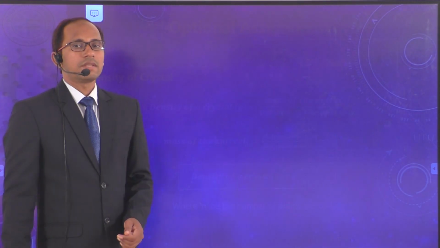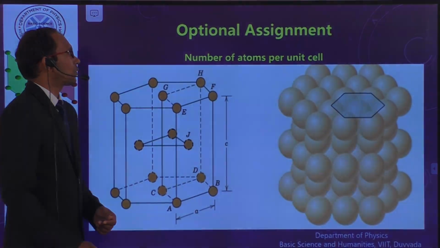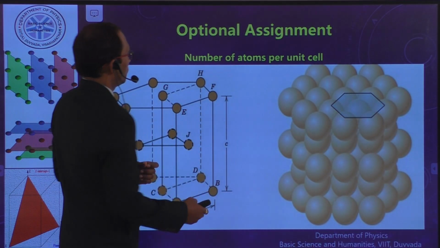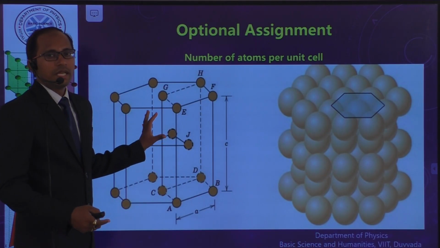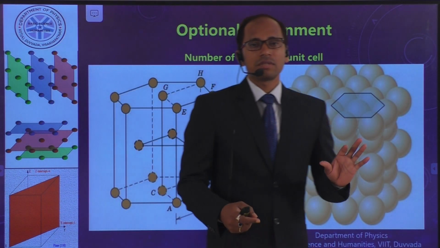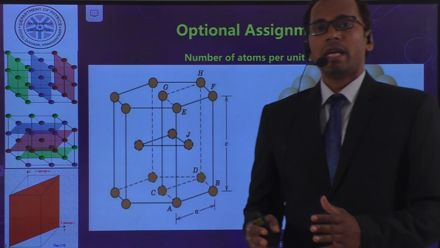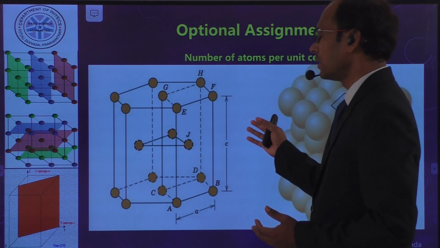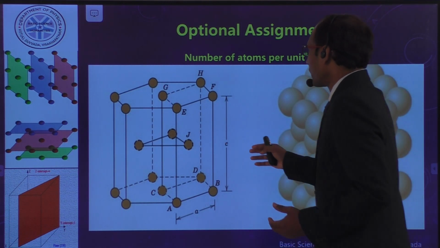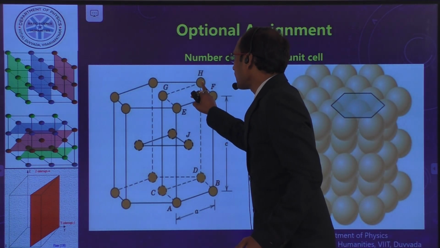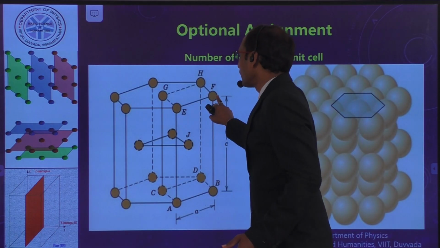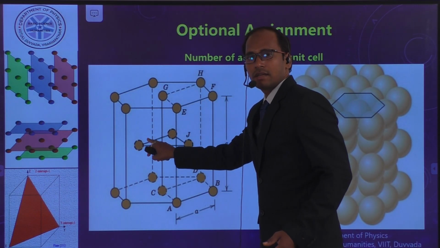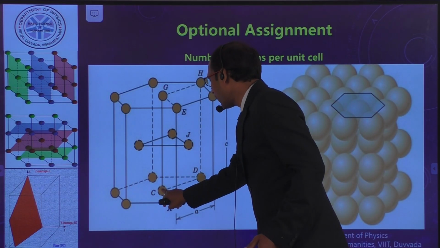Next, the second question in the optional assignment: the number of atoms per unit cell for a hexagonal crystal. If you carefully observe here, there are three different kinds of atoms. One is corner atoms, another is inside the unit cell, where three atoms are present, and finally face centered atoms.